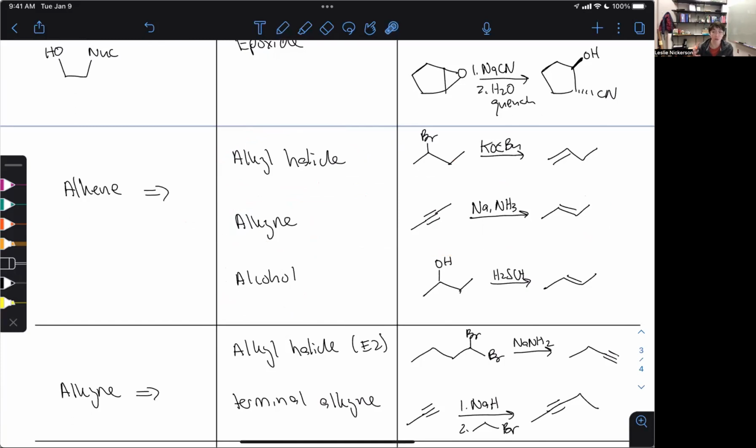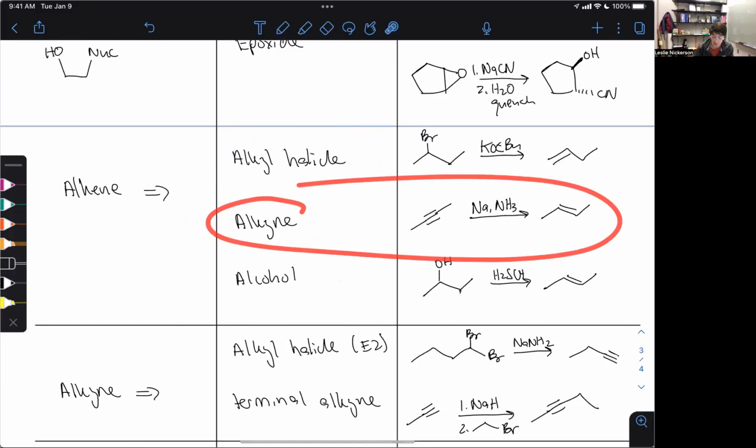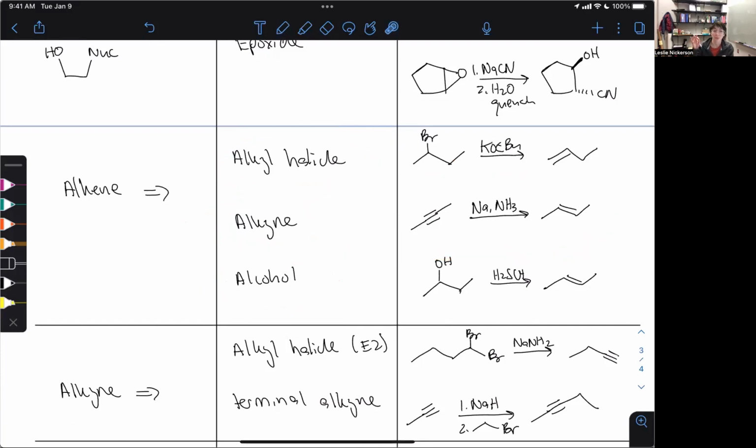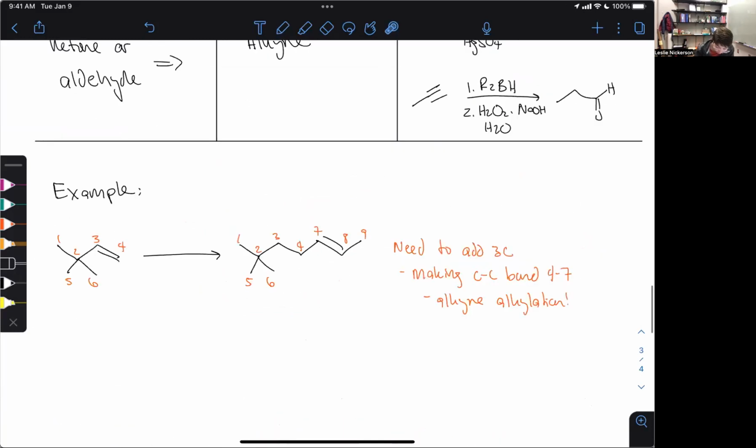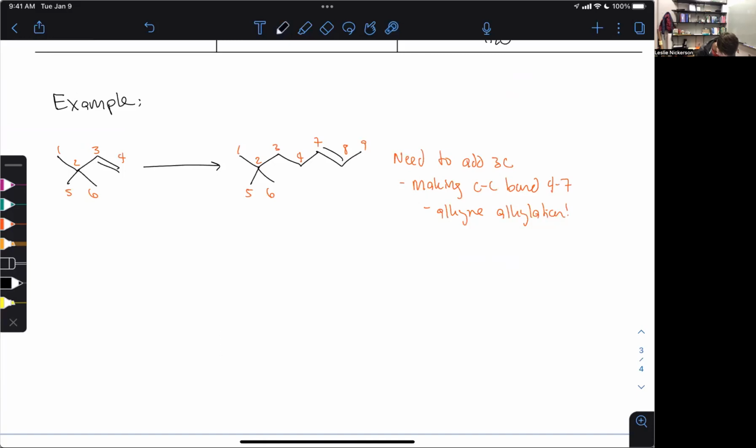Once we identify the fact that we need to adjust the carbon skeleton, add more carbons, make a carbon-carbon bond, that makes these syntheses of alkenes just a little less useful when I can cut some of my steps down a little bit by going straight from an alkyne to an alkene. So let's include that in our retrosynthesis. So that alkene probably came from an alkyne.